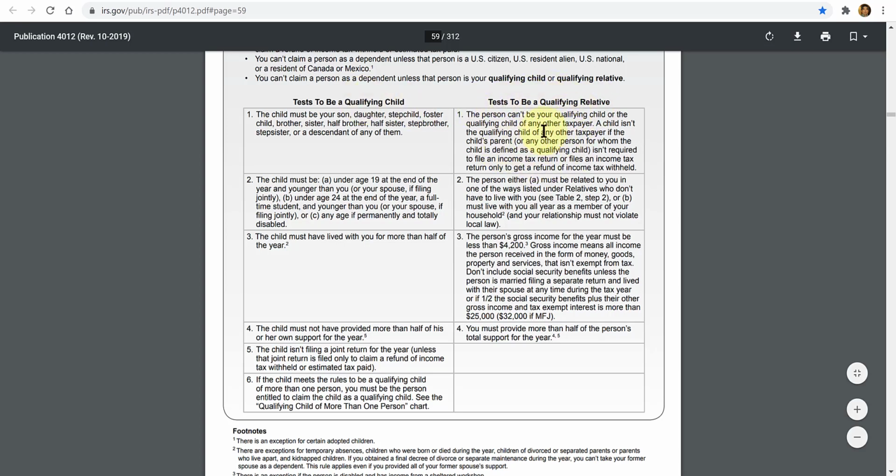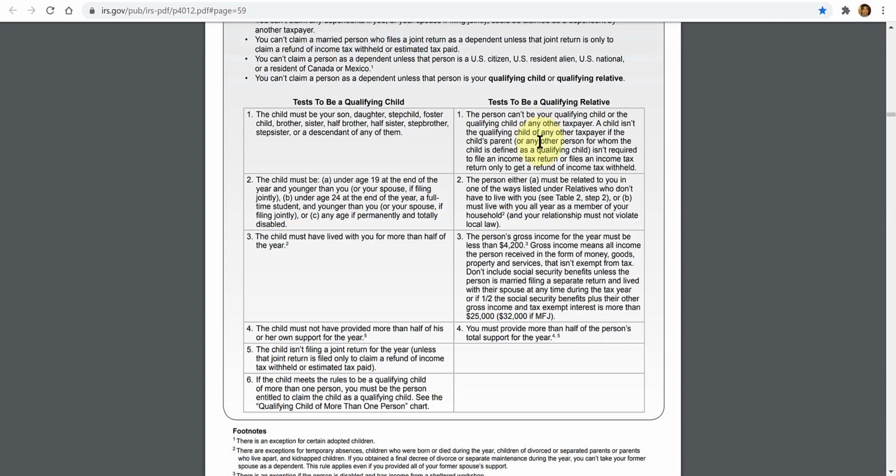Again, there's more relationships than son or daughter. Again, ancestors, aunts, uncles, nieces, nephews. And if you have no blood relationship, as long as that dependent lives in the same household of the taxpayer for the full year, then you meet the relationship test.